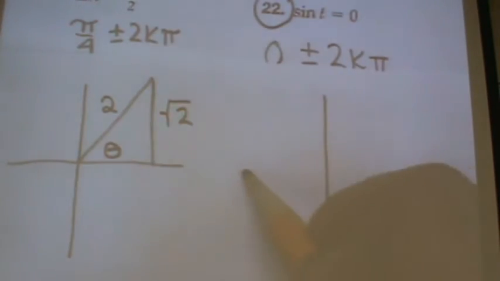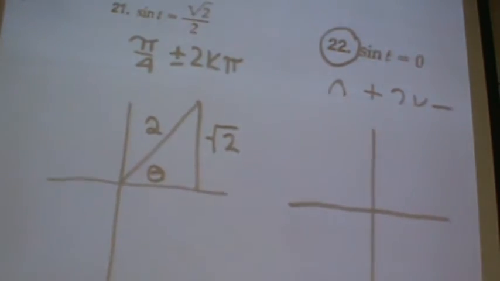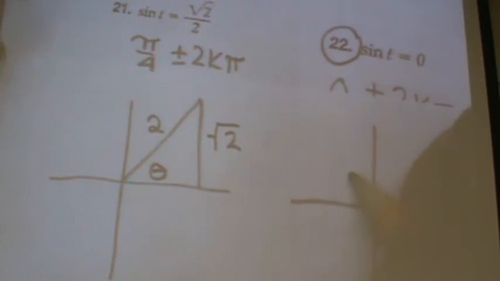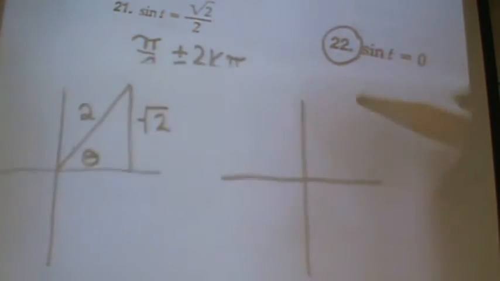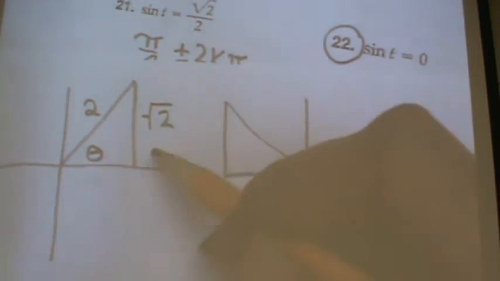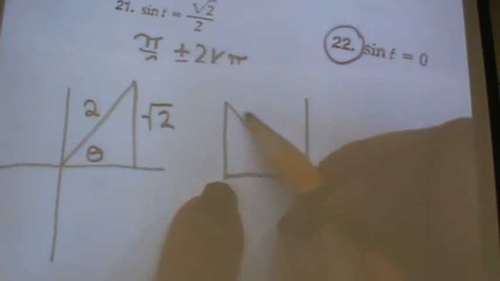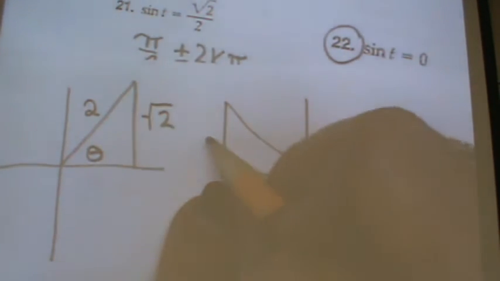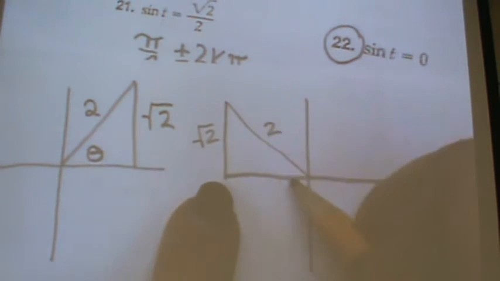Now, what other quadrant is the sine ratio going to be positive in? Quadrant 2. So you're going to take this triangle and put it in this quadrant right here. This is going to be root 2 and this is going to be 2.